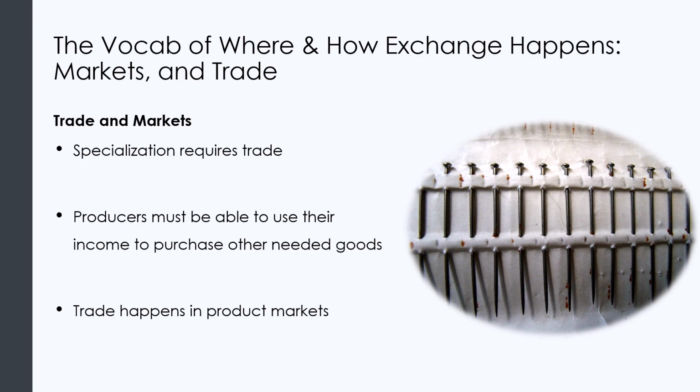But because our folks are specializing in these different jobs, we know that we have to think about trade in our economic exchanges. So, for example, some folks are making those pins. They may or may not also be making the fabric that the pins are stuck into. And they almost certainly aren't making their own equipment.